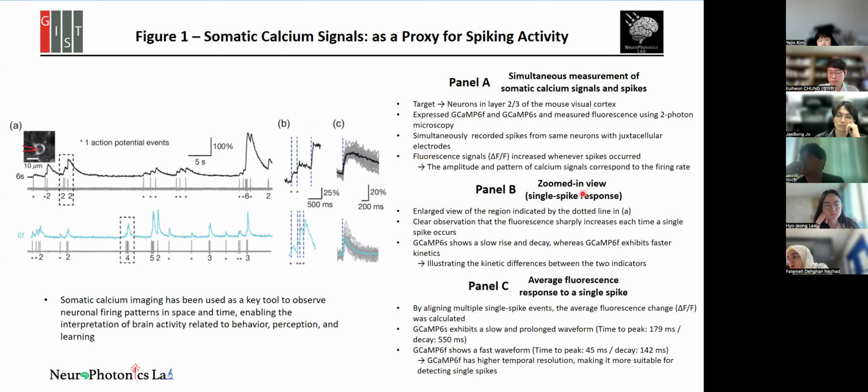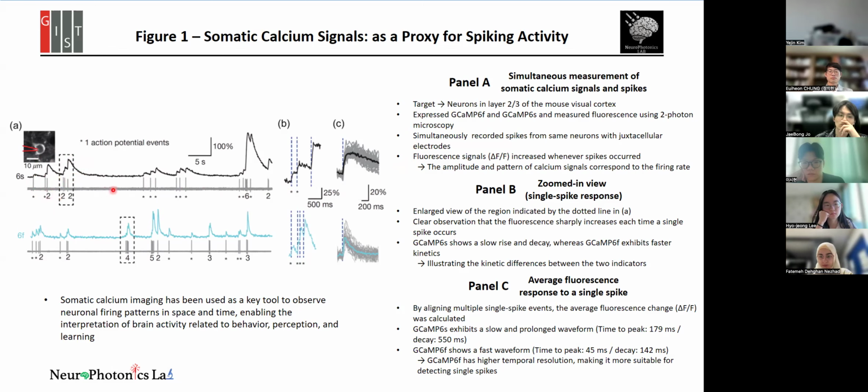In panel A, GCaMP6f and GCaMP6s were expressed, and two-photon microscopy was used for imaging while spikes were simultaneously recorded using juxtacellular electrodes. The upper trace shows the calcium signal, and the lower trace shows the electrical signal, the action potential.